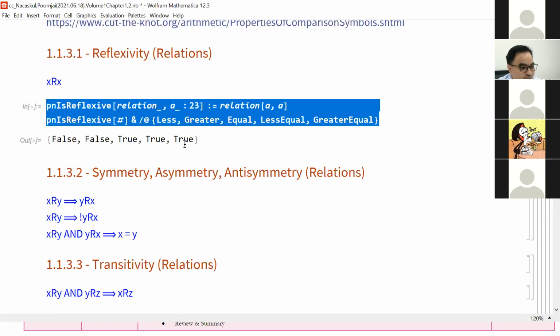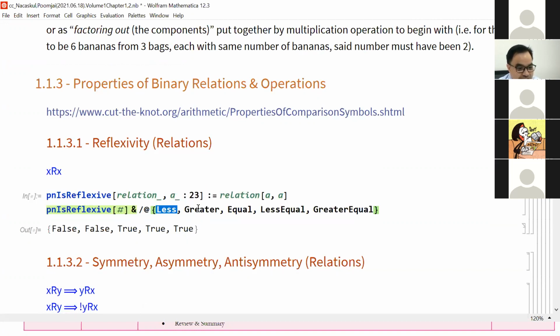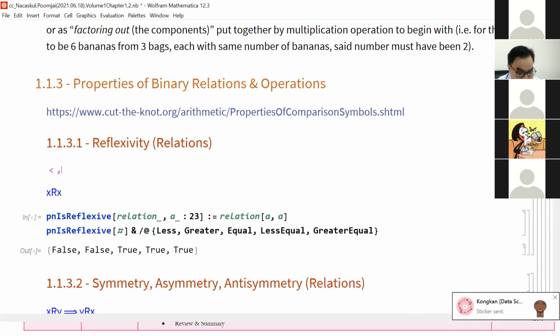But all I want to tell you is: is this relationship less than, greater than, equal (remember, double equal, not just one equal), less than or equal, greater than or equal, reflexive? If it's reflexive, it means you put in something like 2 and 2, 2 by itself, and it's just true.